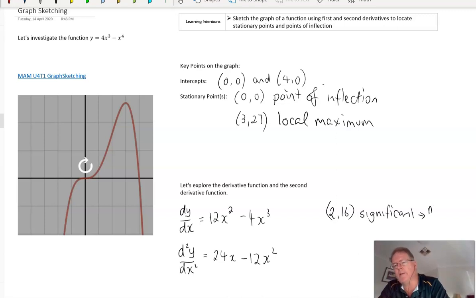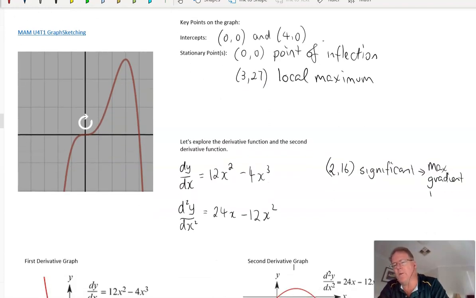It's telling us that is where the maximum gradient in that region is. Not a maximum stationary point, a maximum gradient. So it's significant about that point there.